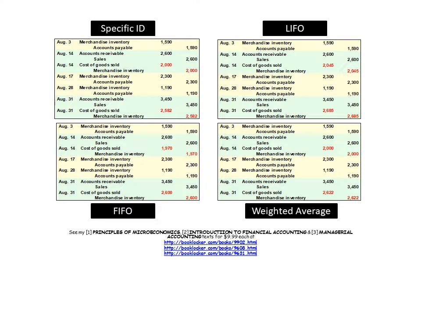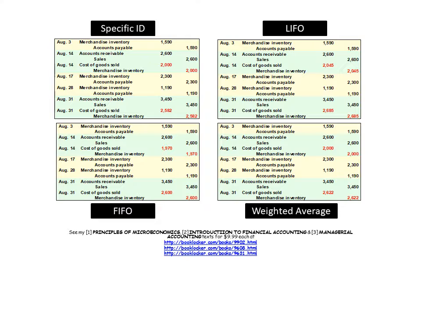So, for example, August 3rd, there's a purchase of merchandise inventory on account 1590. Well, that's not going to change under any of the cost flow assumptions. On August 14th, there's a sale at 2600 on account. That's not going to change under any of the cost flow assumptions. Same with the August 17th purchase of merchandise inventory on account at 2300.